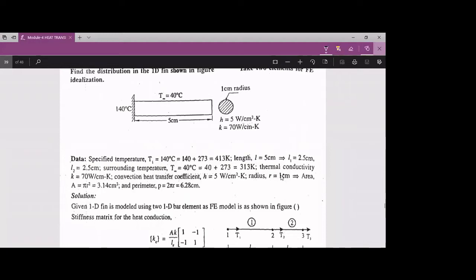Radius is 1 centimeter. Then you can calculate the area and also the perimeter. We need the perimeter in fins because the heat is transferred through conduction and also due to convection throughout the perimeter surface. The length of the perimeter is what dissipates the heat, so we need to calculate the perimeter.